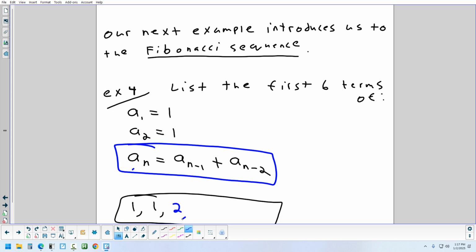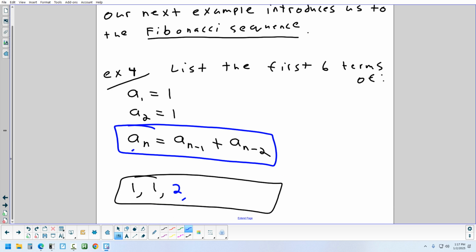But how about in general now? The equation is saying that in order to get the current value, you have to add together your previous two. This says to get the current term, take the one before it and the one before that and add them together. So this is a recursive sequence that depends on the 2 previous terms.